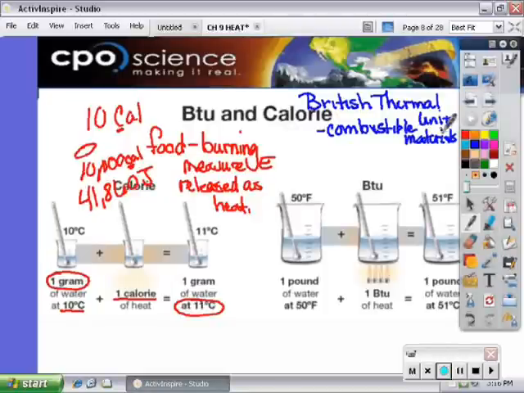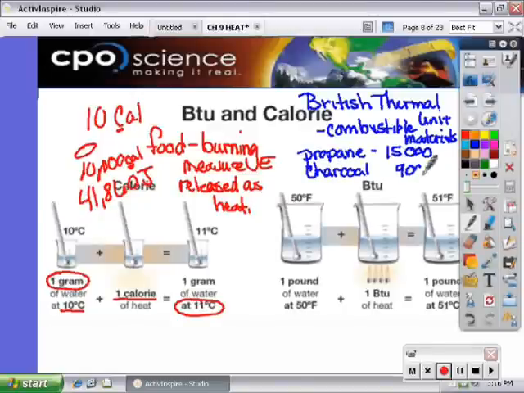Some of the combustible materials that we're familiar with is propane. Propane is rated at 15,000 BTUs. Charcoal is 9,000. And wood at 7,000.